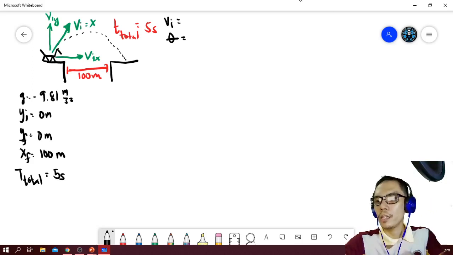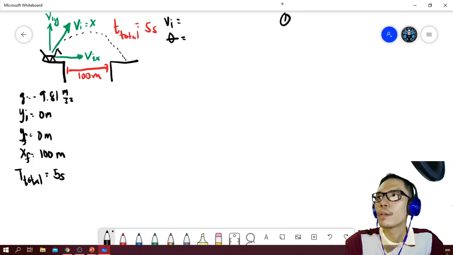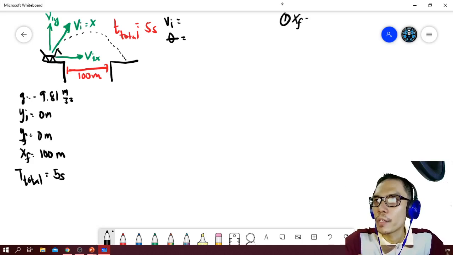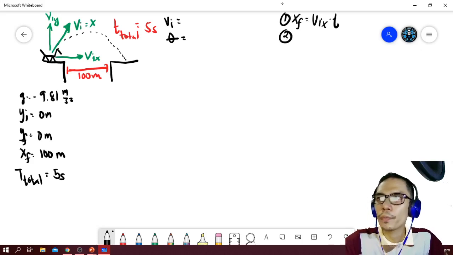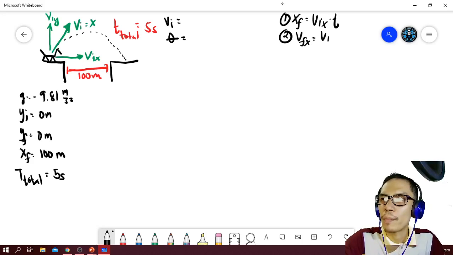All right, now let's put on the formulas that we are going to use. Number 1, we have x sub f is equal to v sub ix times time. Next is number 2, we have v sub fx is equal to v sub ix. Next, number 3.